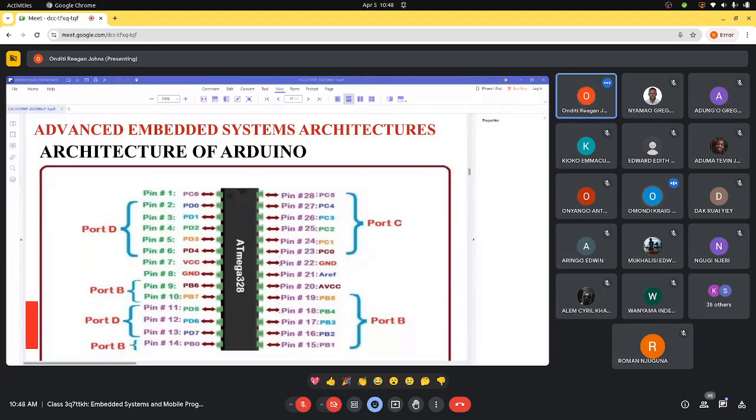Mm-hmm. With how many volts? It can either be 5 or 3.3, depending on. Yeah, it depends. So can we use it to give the board more voltage apart from 5, between 7 and 20?